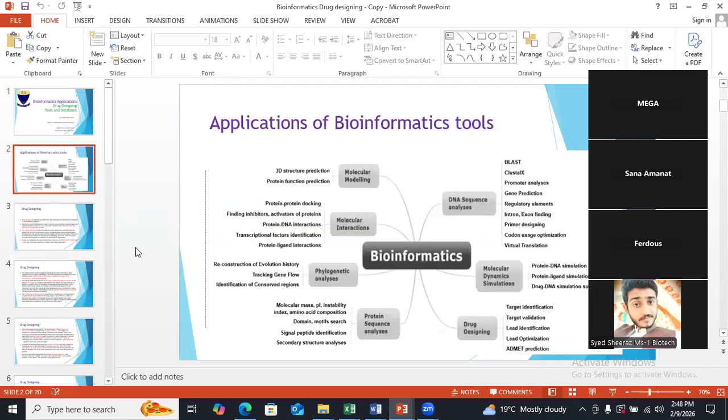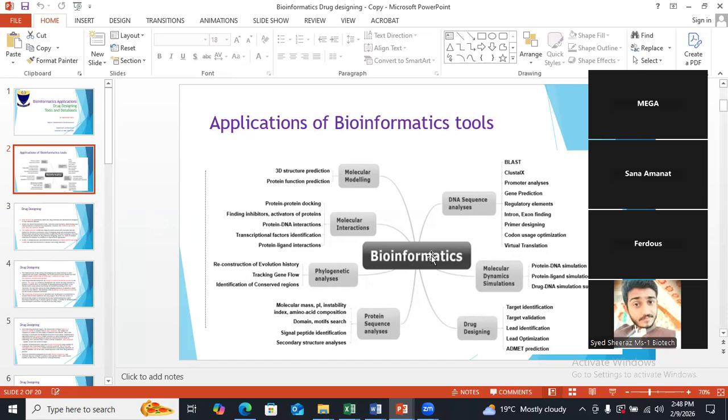So, what is bioinformatics and what are its applications which are related to discovery of new drugs? Basically, bioinformatics helps us to perform multiple functions which are related to biosciences research, and this research can be used for discovery of new drug molecules.